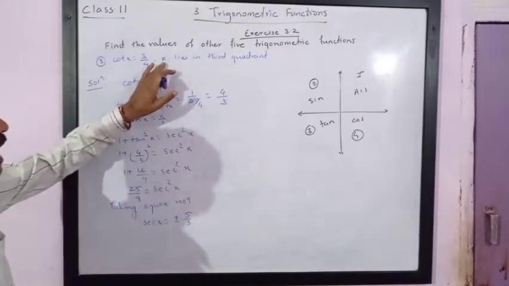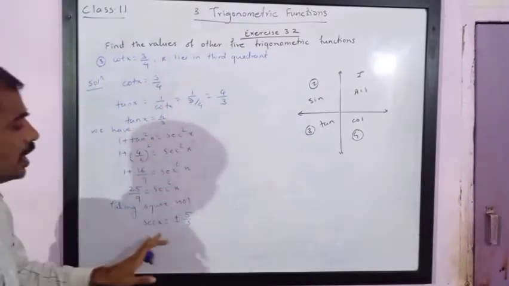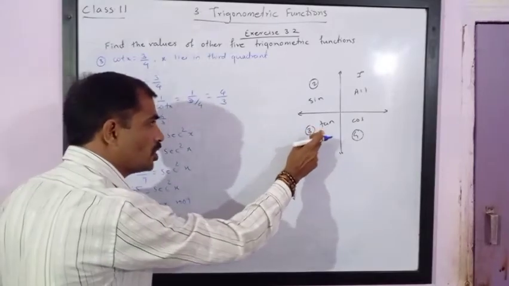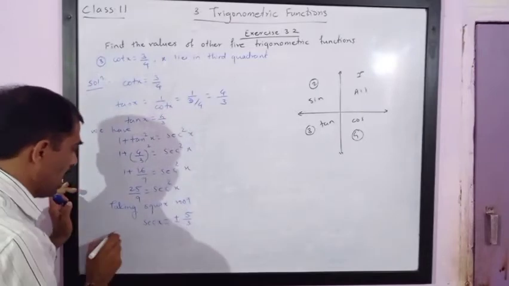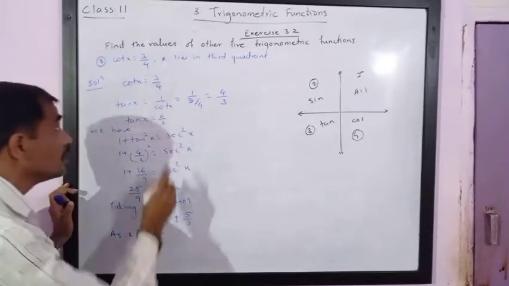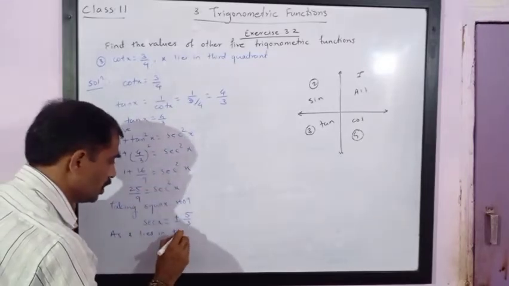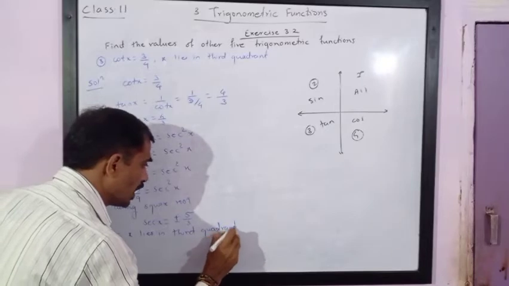But here, since x lies in third quadrant, it means sec must be negative. Only tan and cot are positive in third quadrant, remaining all trigonometric ratios are negative. So, as x lies in third quadrant, sec x is negative.